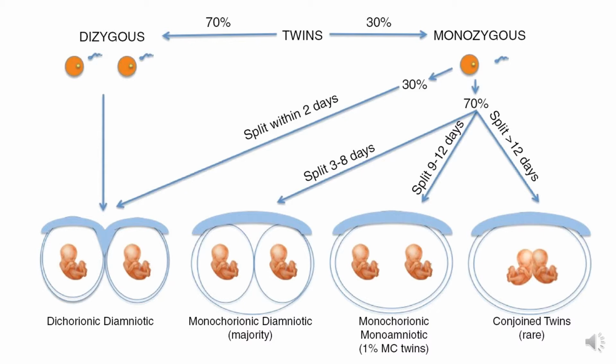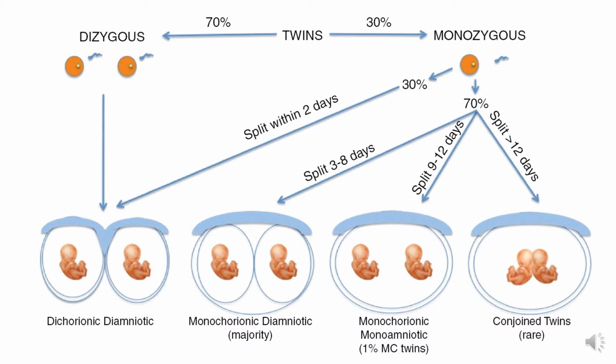And so if you just think about, let's take dizygous pregnancies first. So you have egg, sperm, you have another egg, another sperm, and that will create a dichorionic, diamniotic pregnancy. Right, simple. And that represents about 70% of twins. The other 30% of twins are monozygous, okay?